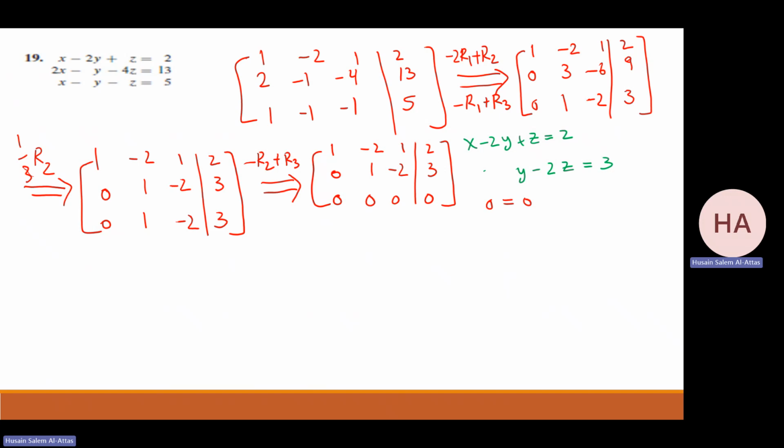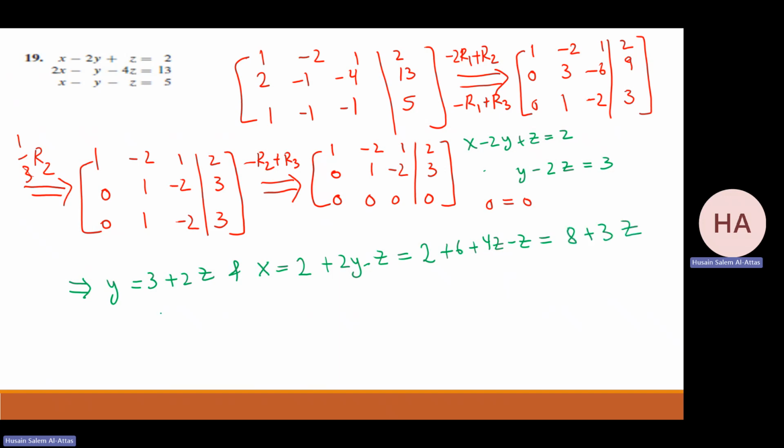I can write y in terms of z and x in terms of z. So I have y equals 3 plus 2z, and x will be 2 plus 2y minus z. So I have 2 plus 6 plus 4z minus z, and that will be 8 plus 3z.